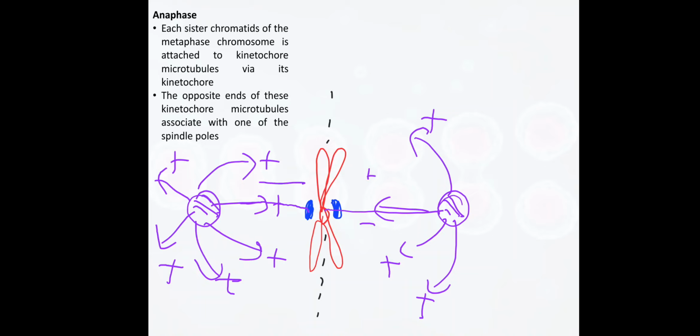So this will pull the associated chromosome to opposite sides, then sister chromatids will separate. This process happens in the anaphase stage.